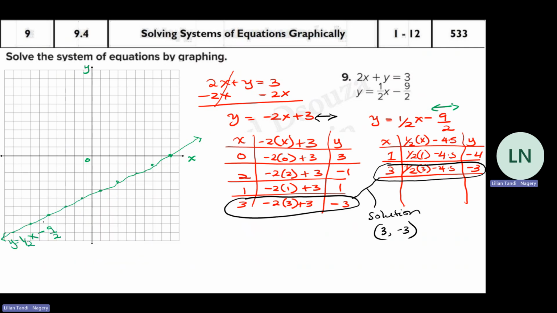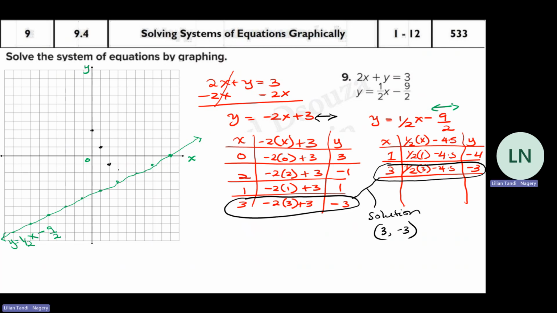Then I take my black color and I do 0, 3. 0, 3 is here. 2, negative 1. 2, negative 1 is here. And then, oh, 1, negative 1. Why did I not wait? 1, 1. Okay, 1, 1. Why did I go from 0, 2, and then I don't know. Don't ask me. 3, negative 3.